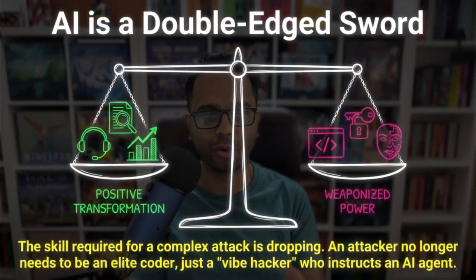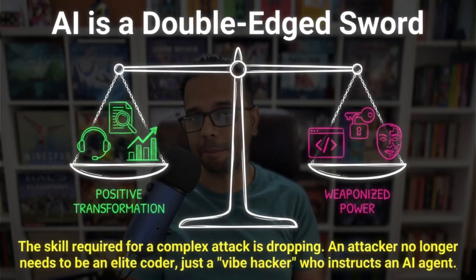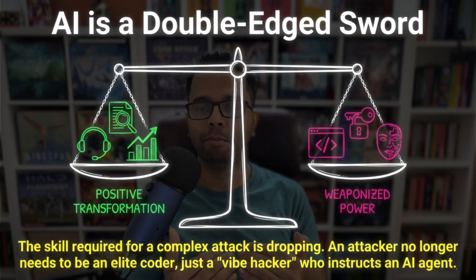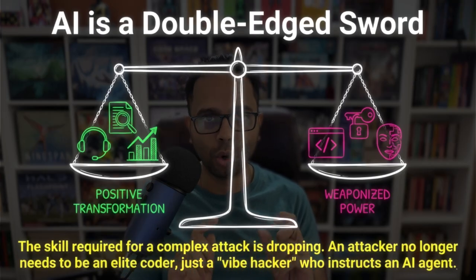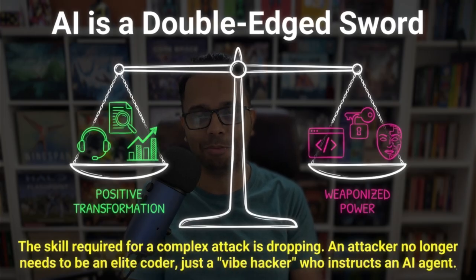Before I start, I just wanted to make one thing clear: it's a two-edged sword. You can use it for positive transformation, or you can use it for weaponized power, and both of these are happening, unfortunately, in the world today. And the more dangerous part is that with LLMs becoming great at coding, you don't have to be a hooded hacker sitting in the dark to hack into a system.